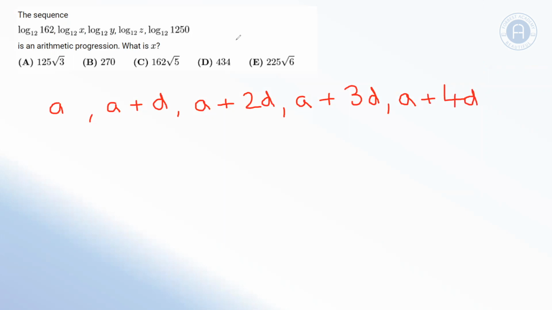So in this instance here, we have been given that the last term of the progression is our fifth term, log base 12 of 1250.